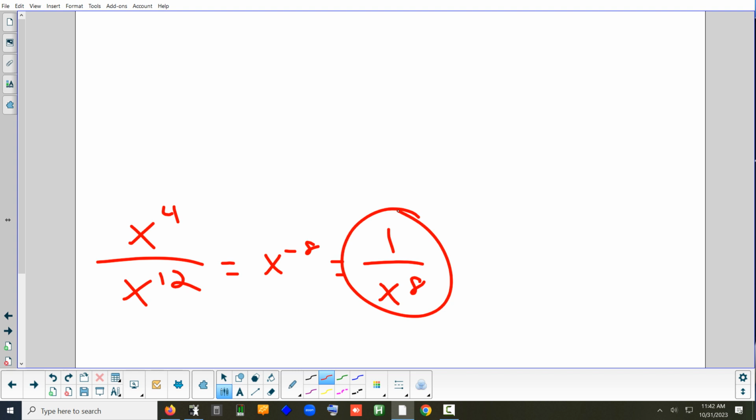That's what we're looking for. So you're just taking x to the -8 and making it in fraction form. If it was a decimal, no, there's nothing with decimals. The rule is just if you have a negative exponent in the top of a fraction, you move it to the bottom and it becomes a positive exponent.